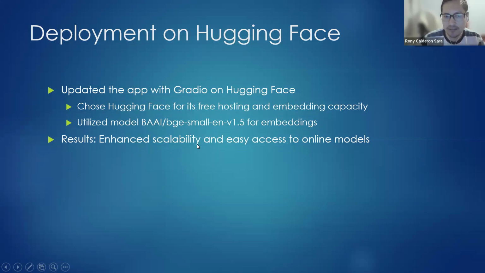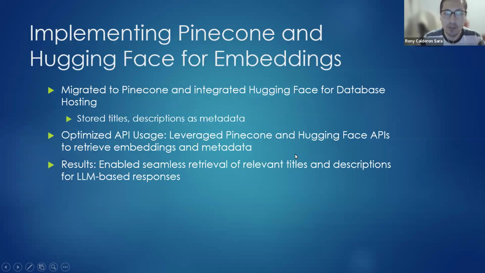This enhances the scalability and makes the models easy to access. So for the implementation, I integrated both Pinecone and Hugging Face to create a powerful backend for the chatbot. I'm just going to show that right now.